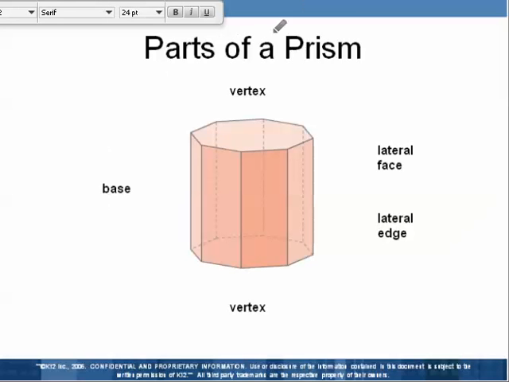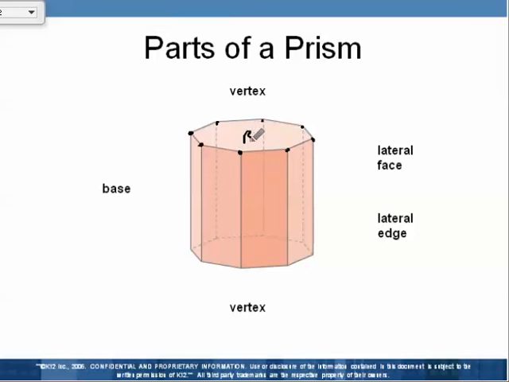Okay, so when you look at a prism, anytime two lines come together, that is called a vertex. That's called an intersection of two line segments. Okay, and there's vertexes all the way around a prism. There's the same number of vertexes on the top and on the bottom. The top and the bottom that are considered to be the same are considered to be the bases.